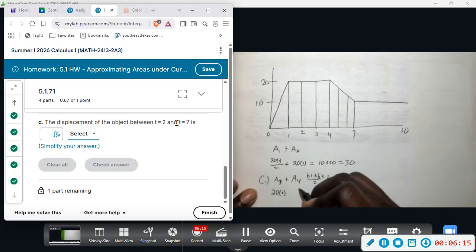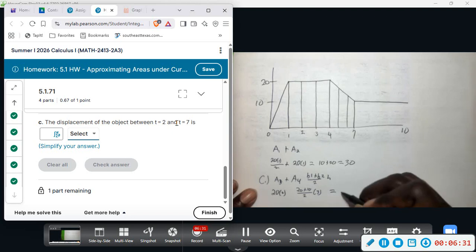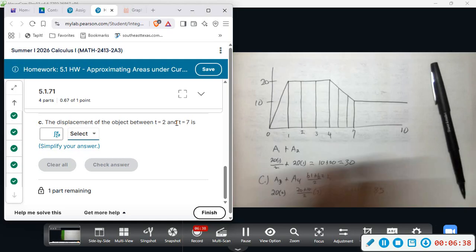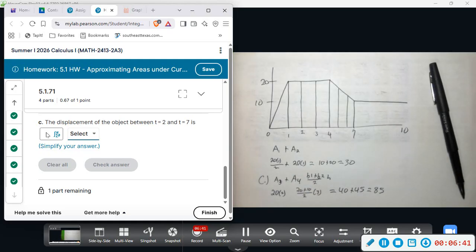So we're going to do 20 plus 10 divided by 2 times 3. 30 divided by 2 is 15, and 15 times 3 is 45. So we get 40 plus 45, which gives us 85 meters.